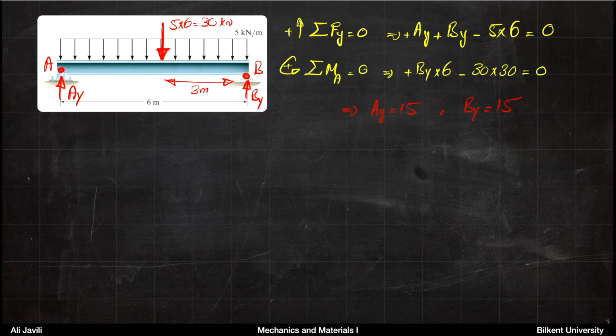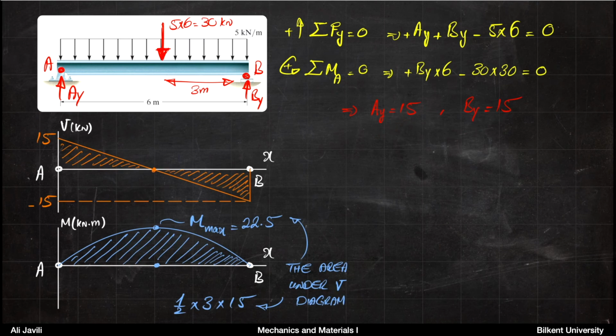All right, so once you know the reaction at A_y, you can draw the shear force diagram according to what we have learned before. So the shear force starts from 15, then we have a uniformly distributed load with the slope -5.